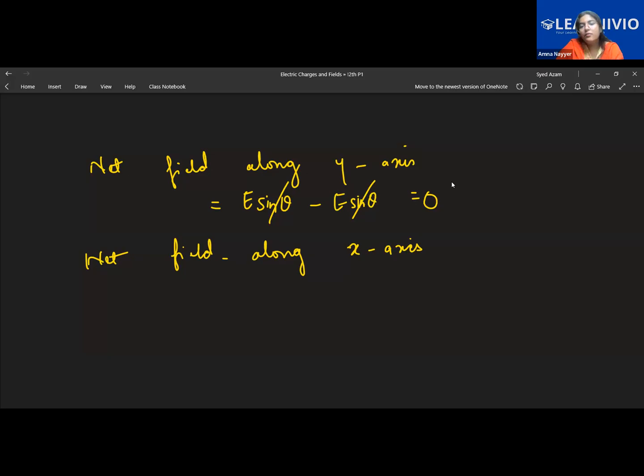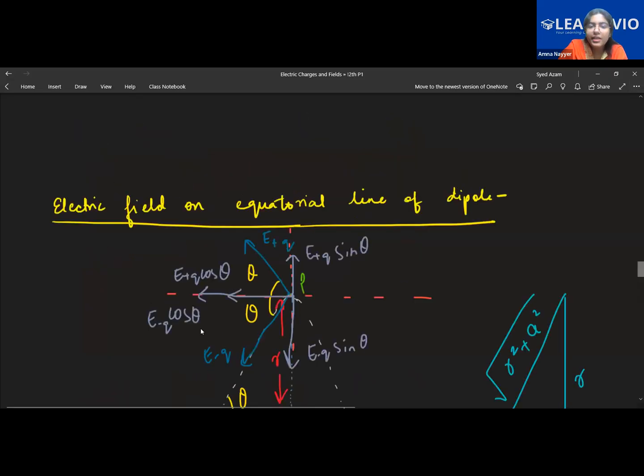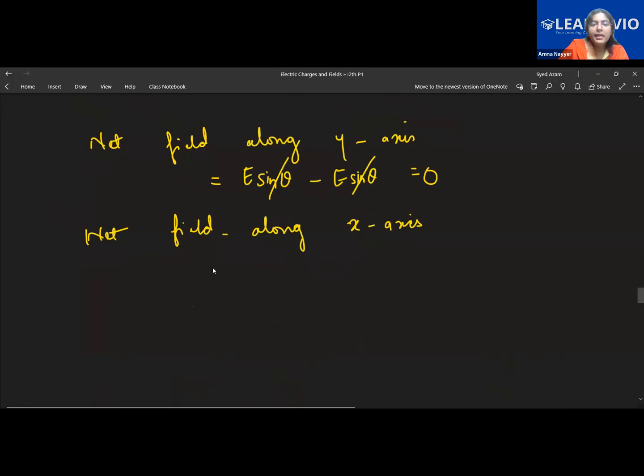Now what do we require? We require the net electric field along x-axis. So net electric field along x-axis, if you can see here, both the electric fields are getting added in the same direction. So you can say the net electric field here is E cos theta plus E cos theta.